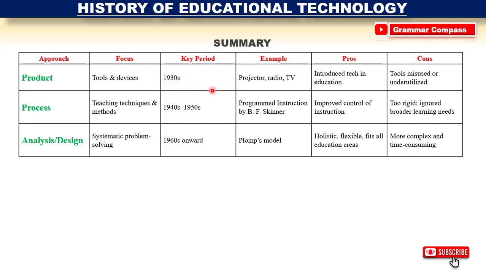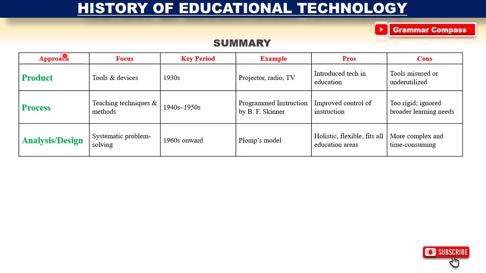Examples of some of the tools that were used were the projector, radio, and television. One advantage was that it introduced technology in education, but one problem was that the tools were misused or underutilized since teachers were not trained to use them.